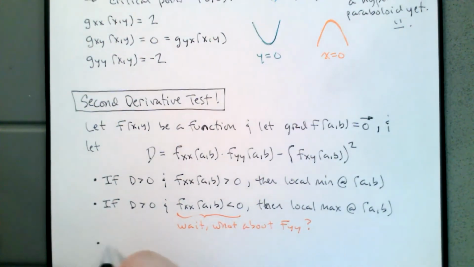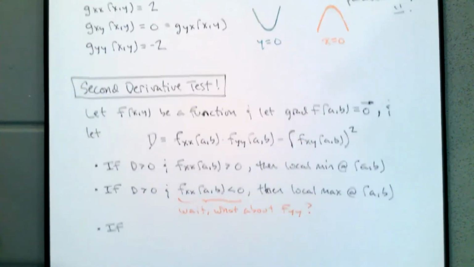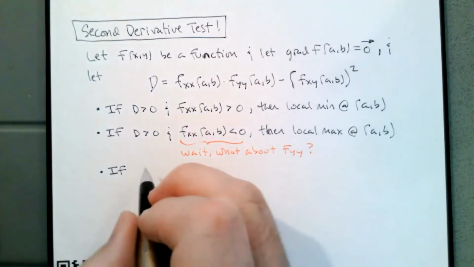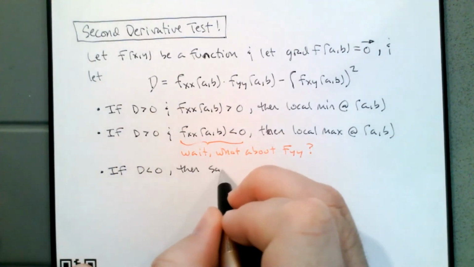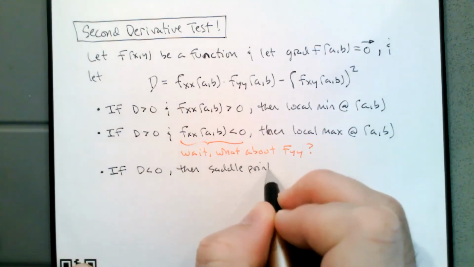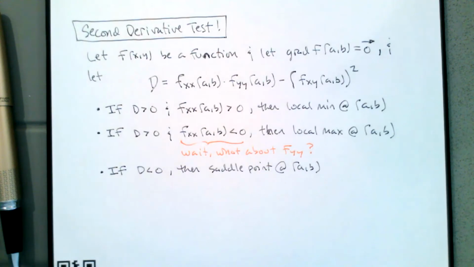If D is negative, then we have a saddle point at AB. For this saddle point conclusion, we only had to look at the value of D. If D is positive, we had to look at the second derivative fxx. But if D is negative, I don't care what else is going on. We just immediately jump to saddle point.